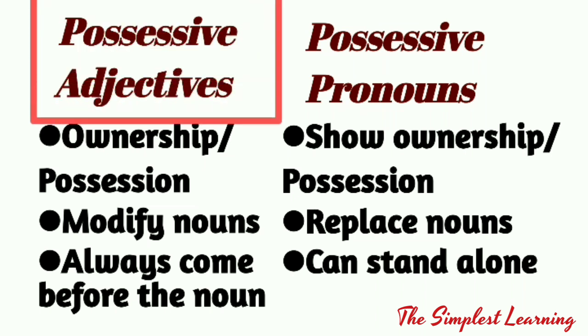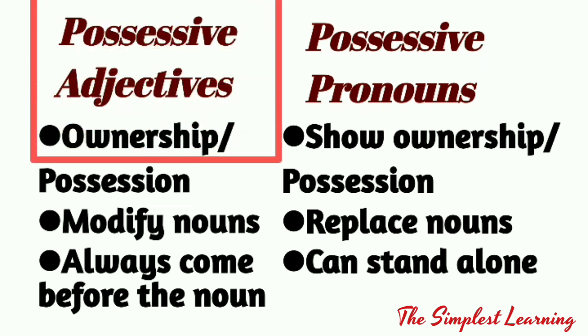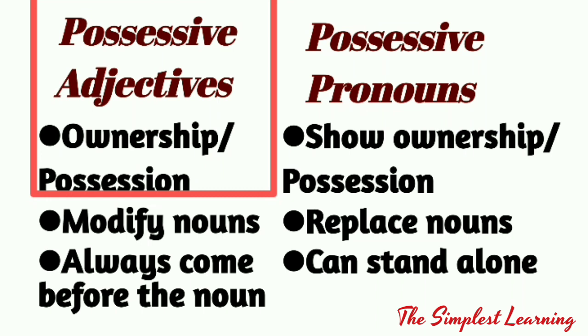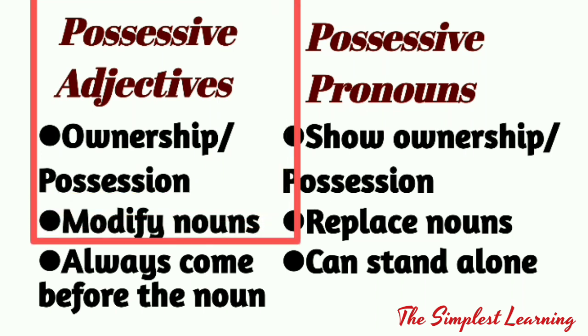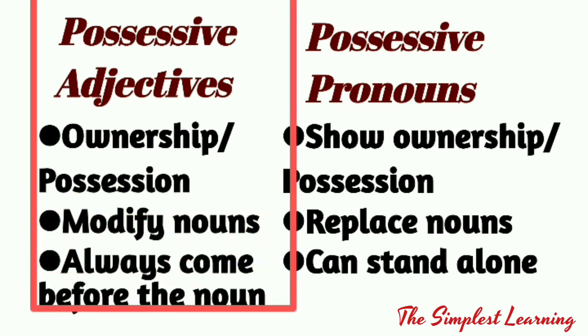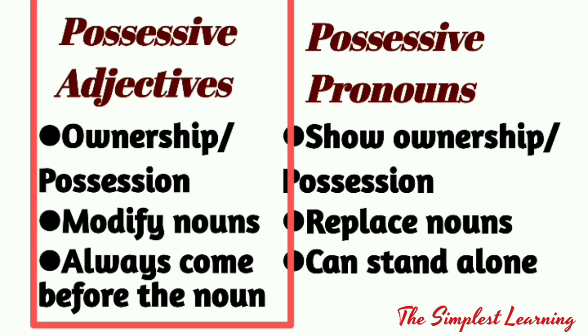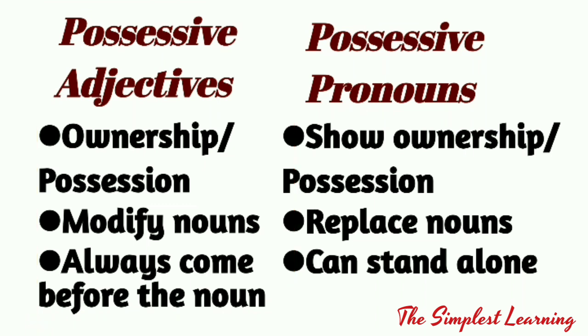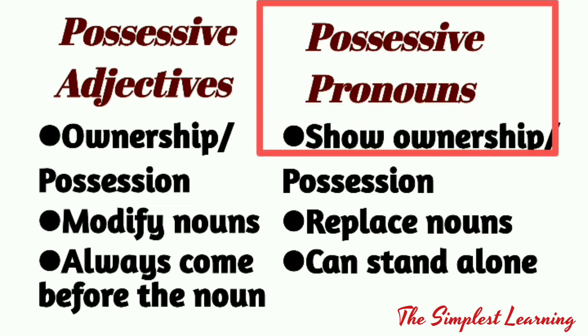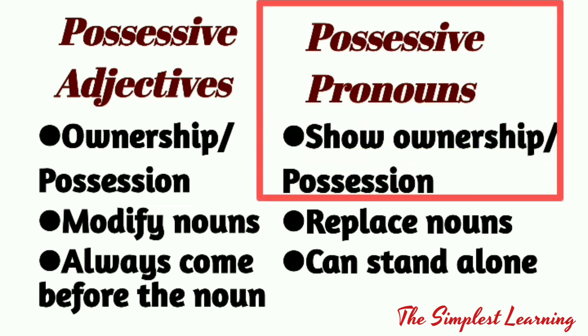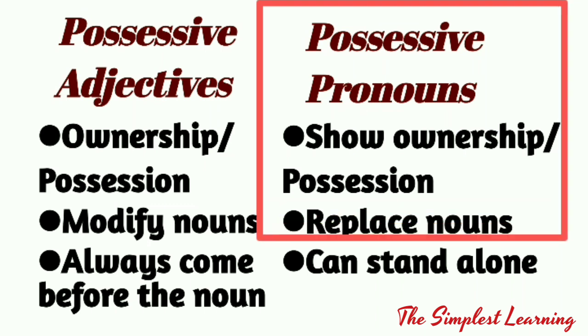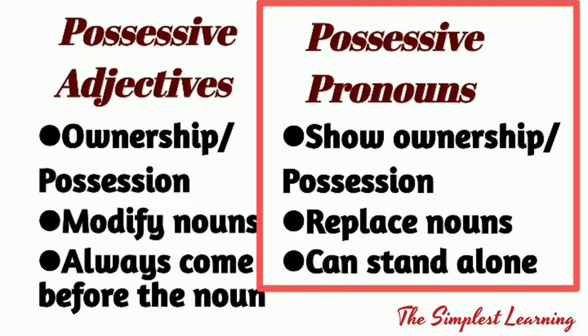Possessive adjectives are used to show ownership and possession, to modify nouns, and always come before the noun. While possessive pronouns are used to show ownership and possession, replace nouns, and can stand alone.